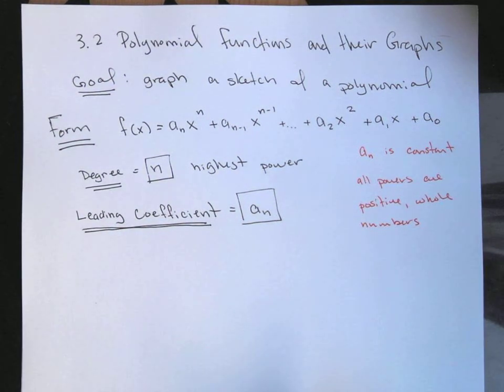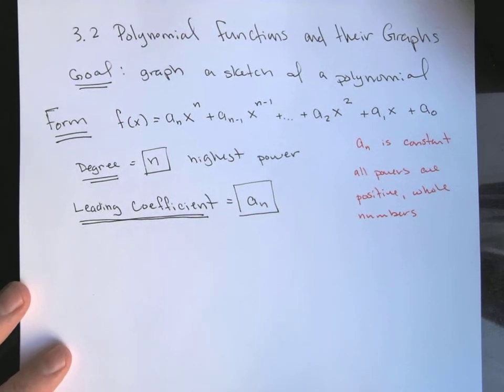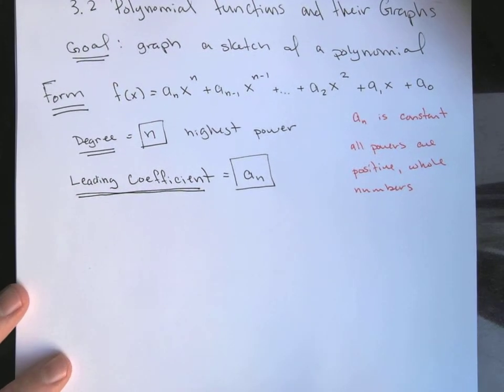So we're not going to have to deal within our polynomials with any kind of negative exponent or fraction power. That's just not going to be in play here, which is one less thing to worry about. So that's good. Let's identify a couple of these degrees and leading coefficients. We're going to be using these to do our graphs. This is going to tell us some information about the graph.